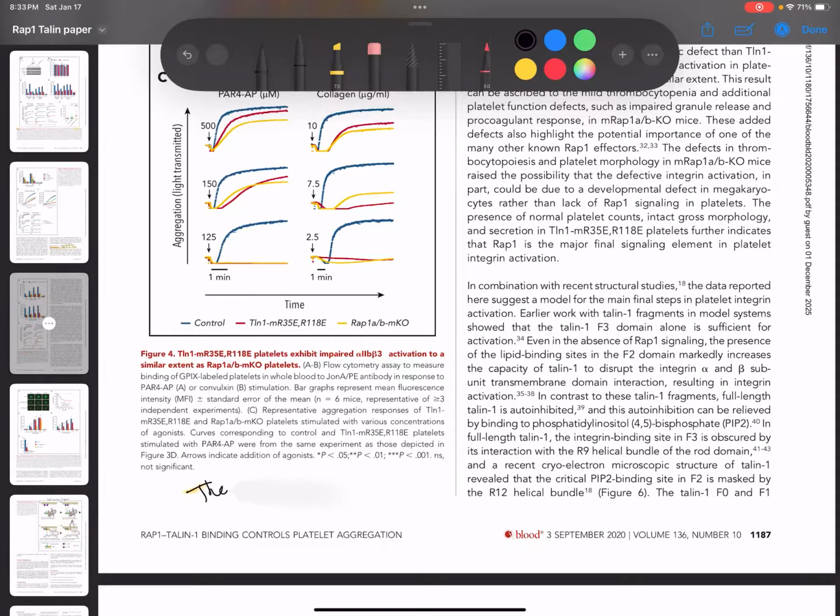So they should address weaknesses and future directions. Okay. This is why I have such pretty handwriting.